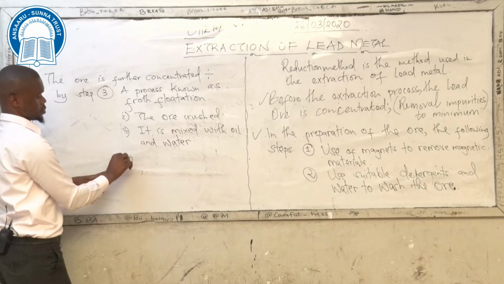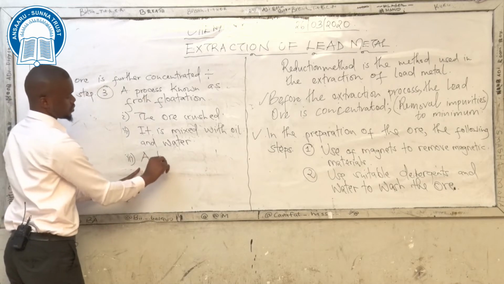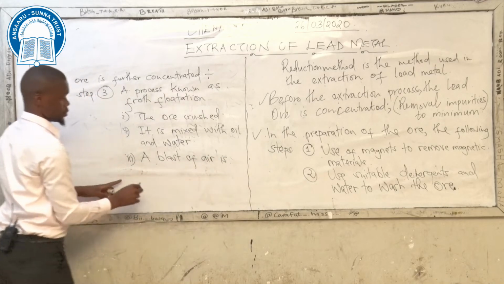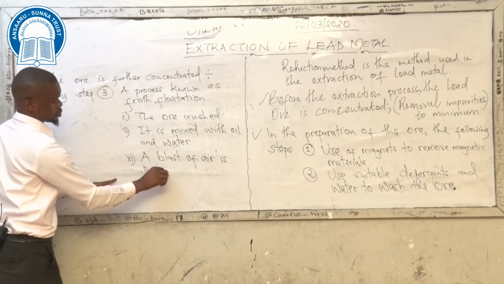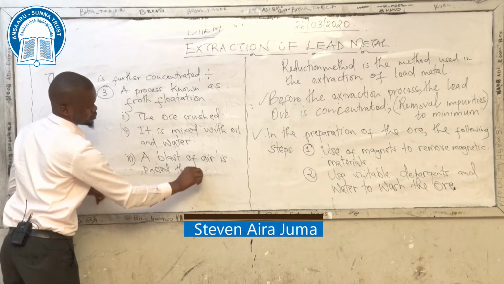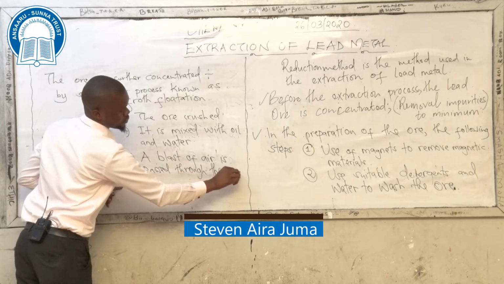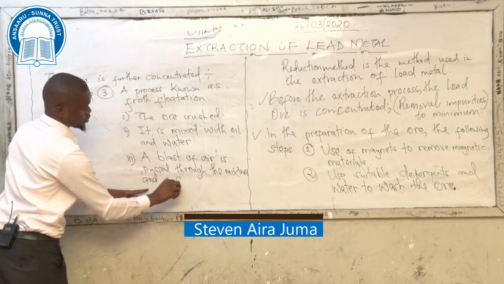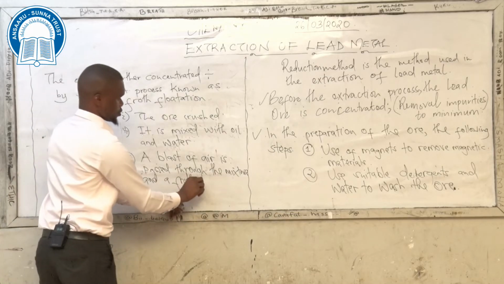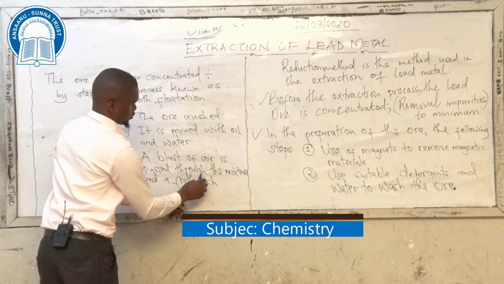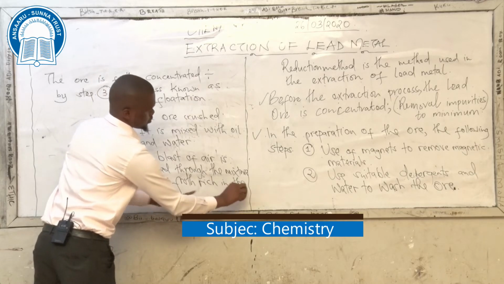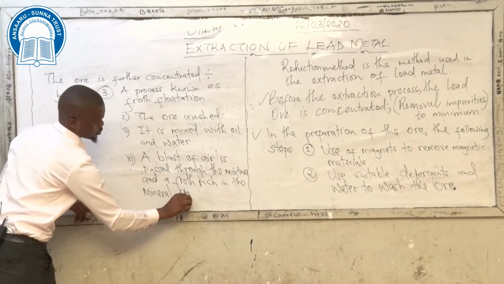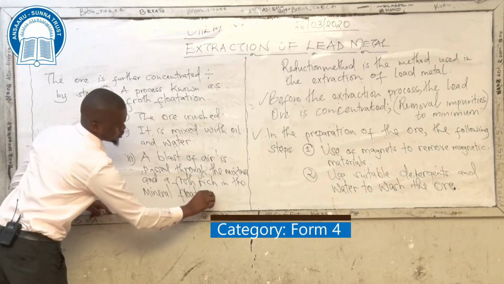Number 3, a blast of air is passed through the mixture, and a froth rich in the mineral floats on the surface.